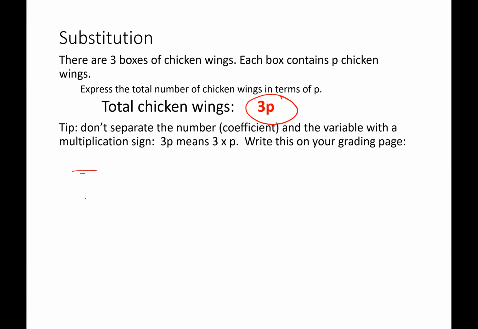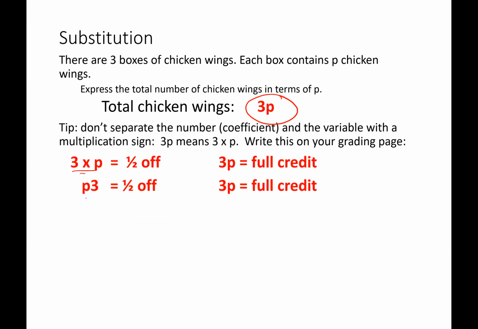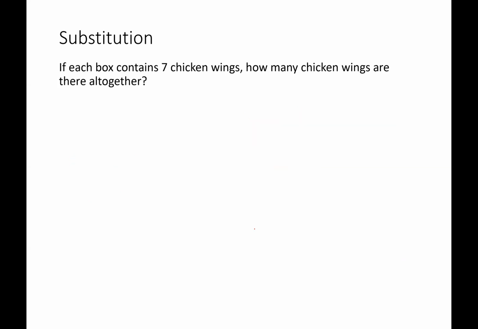Putting the variable first would also be half off. So that's this example, but you'd get full credit for writing it correctly, like these 2 examples here. All right, so now what if each box contains 7 chicken wings? Let's go ahead and use that expression that we just found.